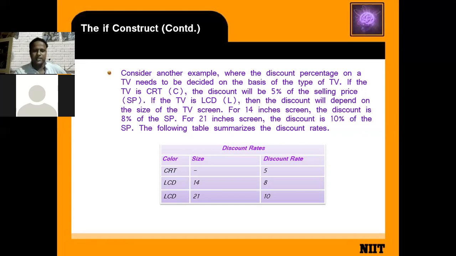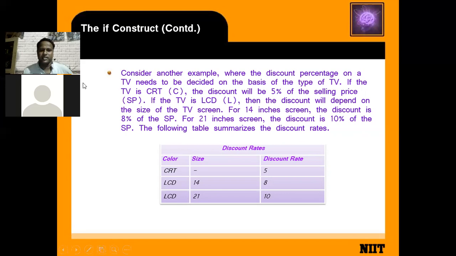SP stands for selling price. If the TV is LCD, or L, then the discount depends upon the size: for 14 inches, the discount will be 8% of the selling price; for 21 inches, the discount will be 10% of the selling price.